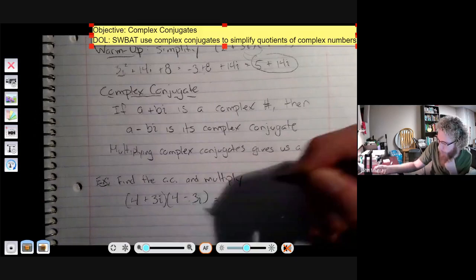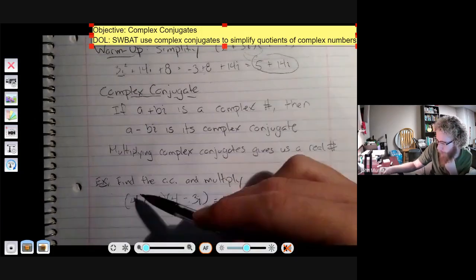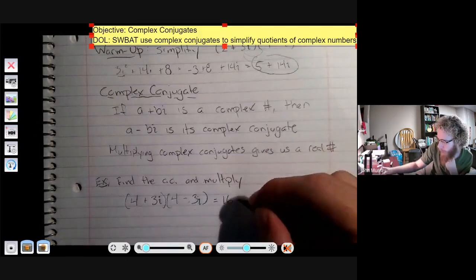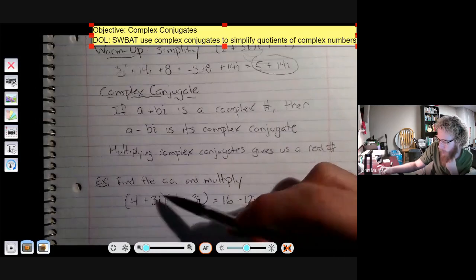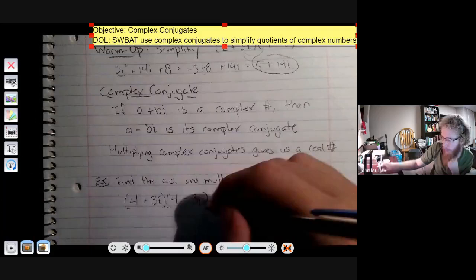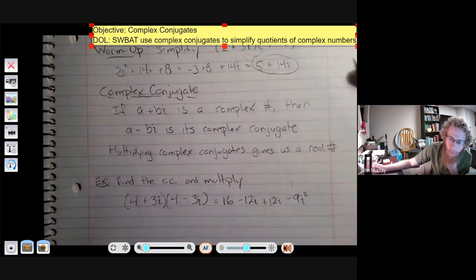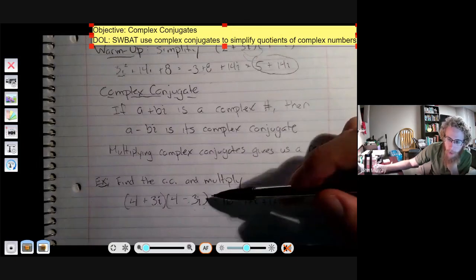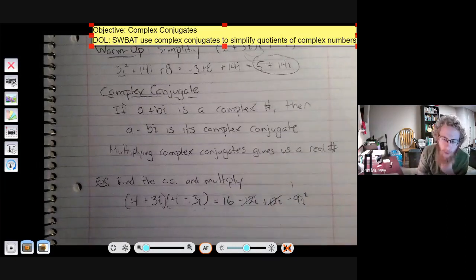So when we go ahead and we FOIL this, all right, well, 4 times 4 is 16. 4 times negative 3i is negative 12i. Positive 3i times 4 is positive 12i. And then the outside, we get negative 9i squared. So what happens here is, the reason we chose the conjugate is these imaginary terms in the middle will eliminate each other.